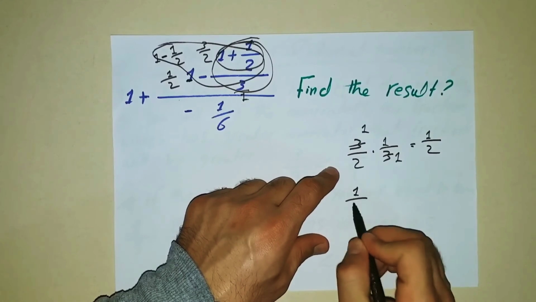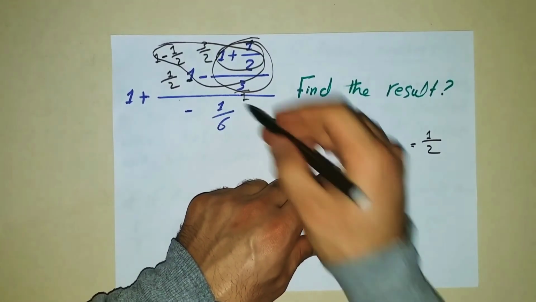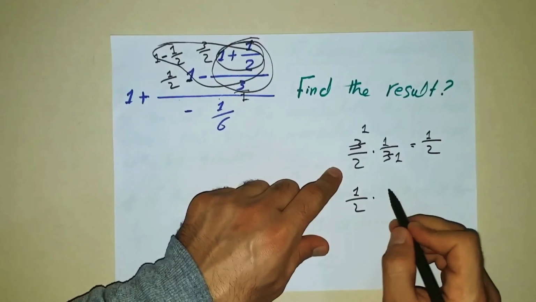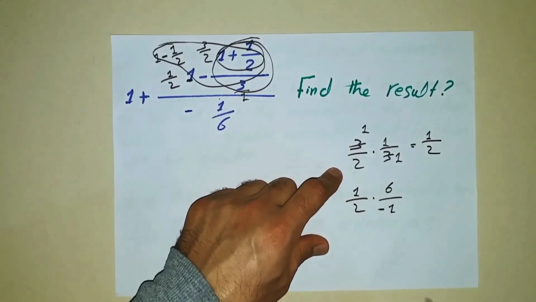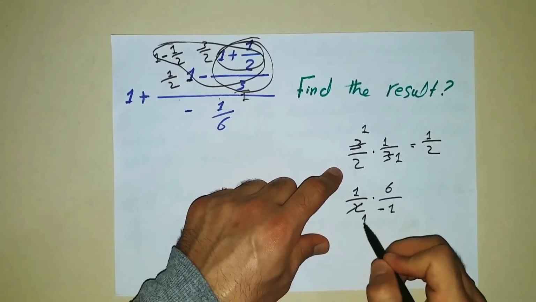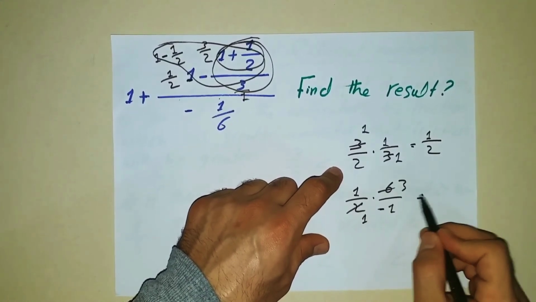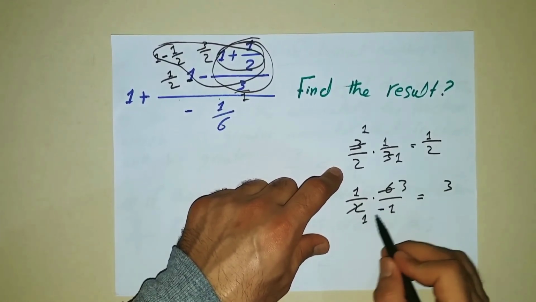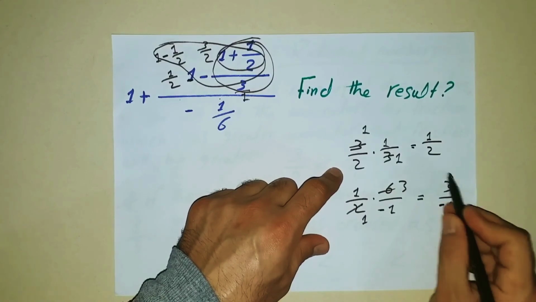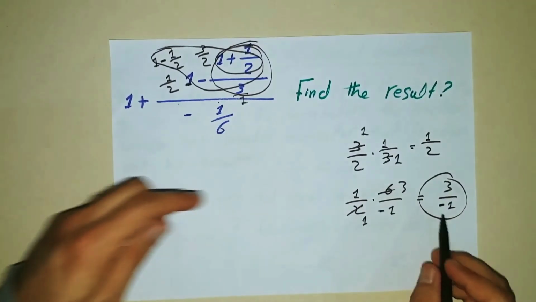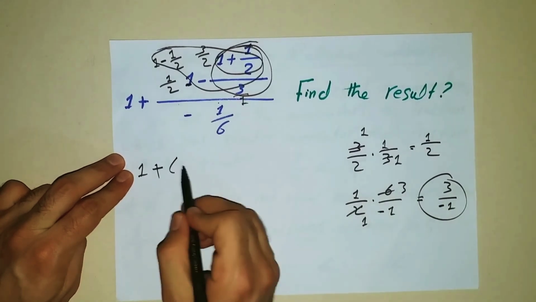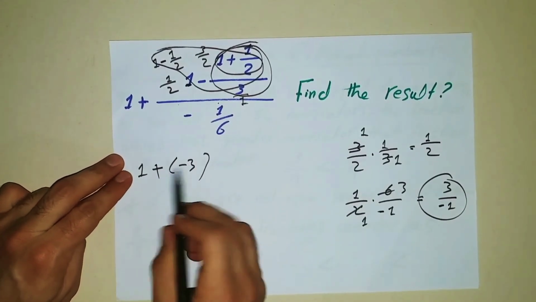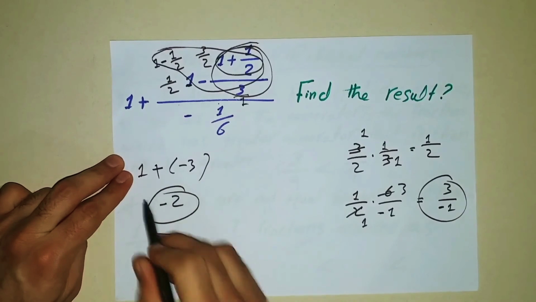Now 1 by 2 multiplied by, if it is minus 1 by 6, it will be 6 by 1 and there is a minus. So I can simplify them. Yes, I can simplify them. 2 with 2 1s are 2, 2 3s are 6. So now 3 1s are 3 and it is minus 1. So our final answer is 1 plus minus 3. 1 plus minus 3 will give me minus 2. Our final result is minus 2.